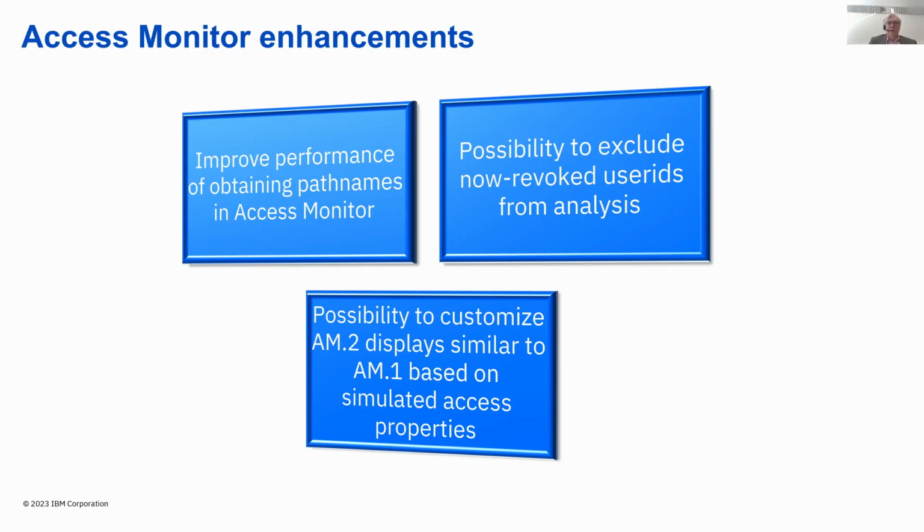It's quite expensive to figure out what the path name is in a Unix call, because the Unix calls themselves do not contain the path name. They're always local within the current working directory. So we have to keep track of where we are in the directory tree, and then the path names in Access Monitor are constructed and put in the Access Monitor file.